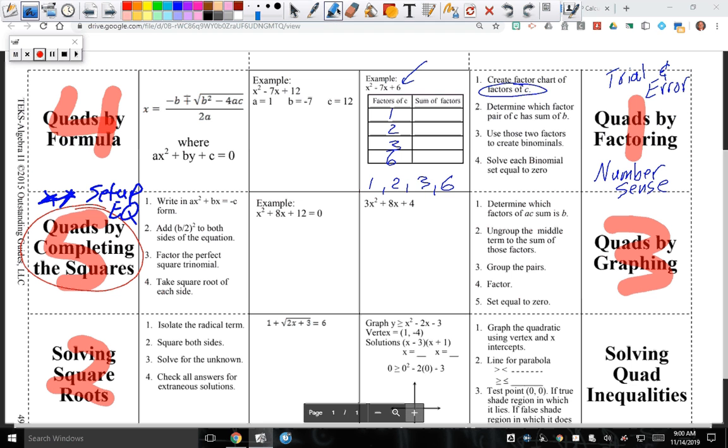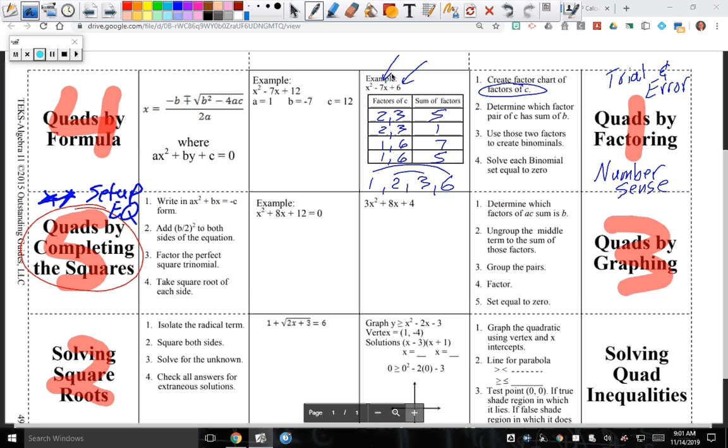And you could see, depending on what you chose, what would they add to? If I chose 2 and 3, I could get 5, or I could also get 1. If I chose 1 and 6, I could get a 7. But if I chose 1 and 6, I could also get a 5.